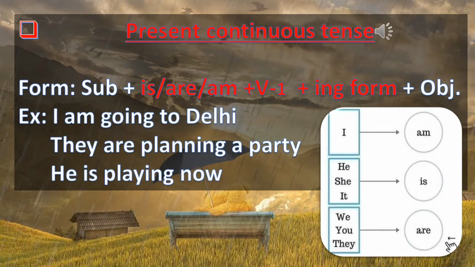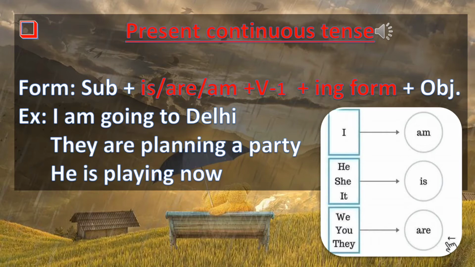Here our second topic is present continuous tense. The formula for present continuous tense is subject plus is, are, or am plus the ing form of the verb plus object, like I am going to Delhi, they are planning a party, he is playing now, etc. From the given table it is very clear along with which subject we have to use am, where we have to use is, and along with which subject we have to use are.